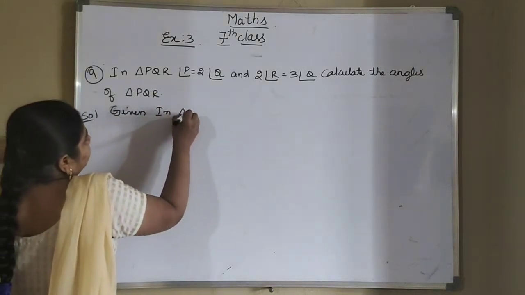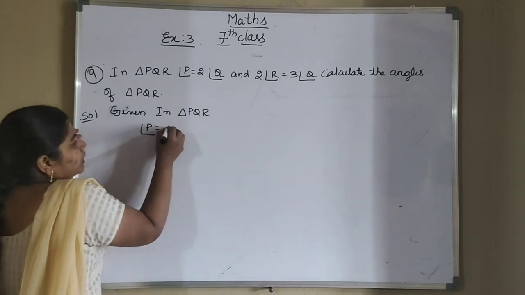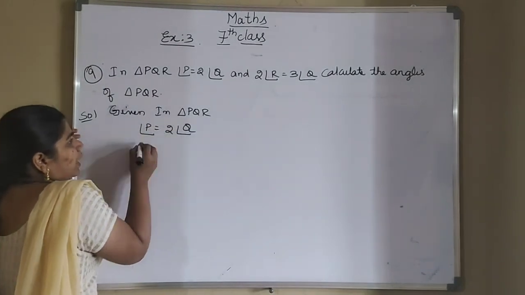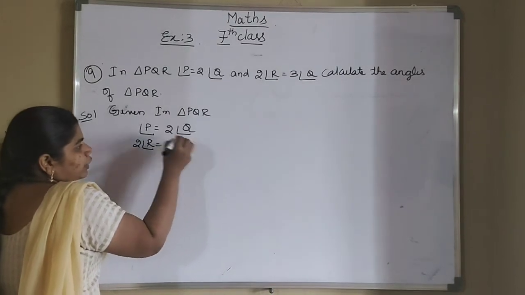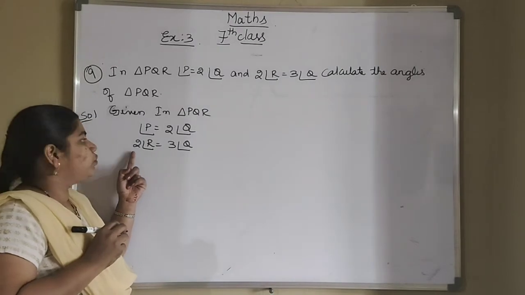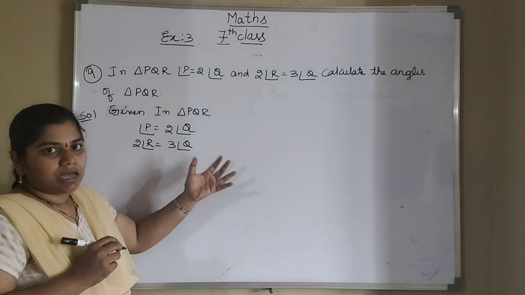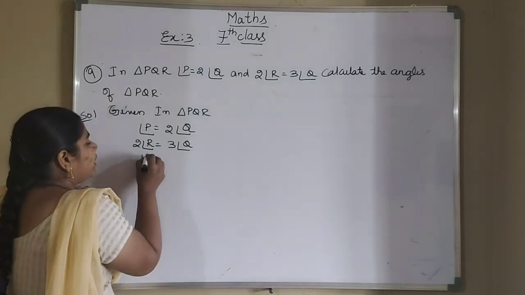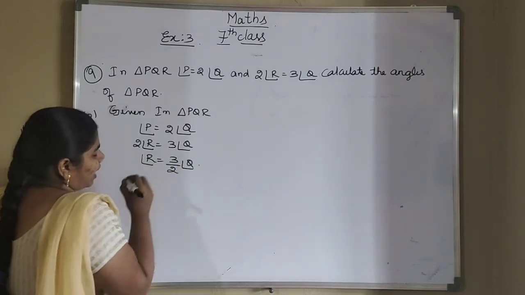In triangle PQR, they have given angle P value as 2 angle Q and 2 angle R value they have given as 3 angle Q. So I want only angle R value, not 2 angle R. So I am taking this 2 to the other side, so it will be converted into division. So angle R is equal to 3 by 2 angle Q.